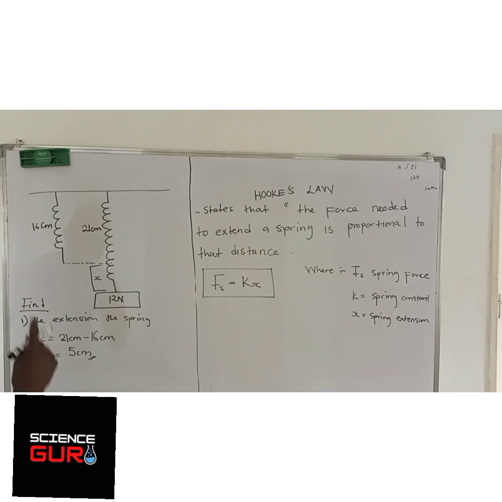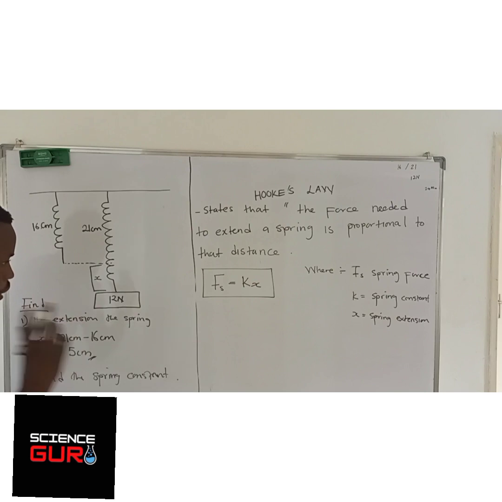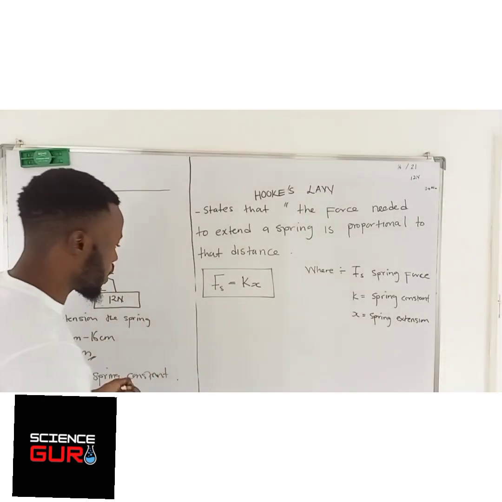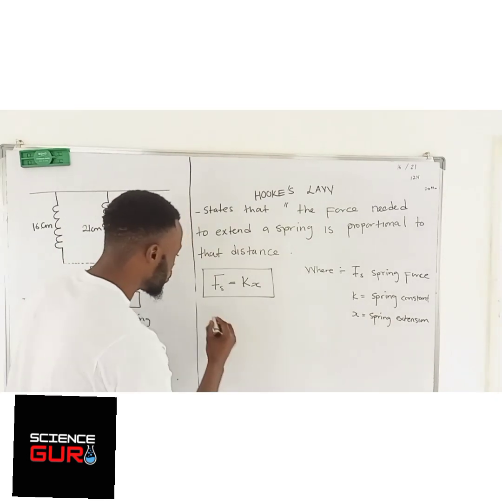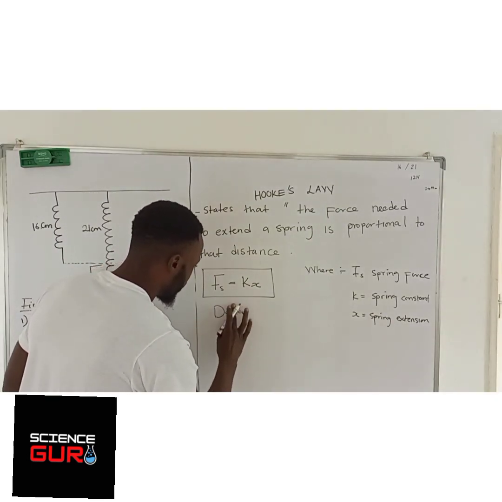Now, the next thing they are going to ask you in the exam is to find the spring constant. How do you find the spring constant, guys? Remember, before you do anything in physics, you need to collect what we call the data.